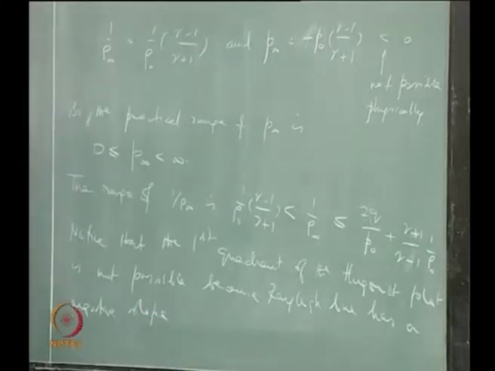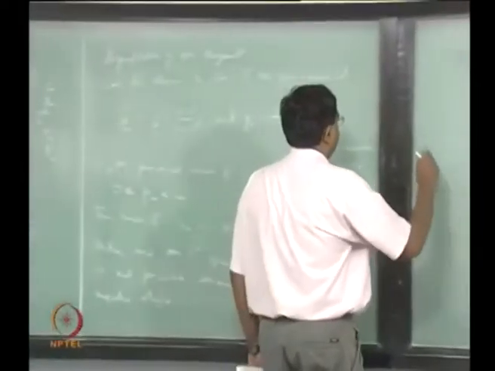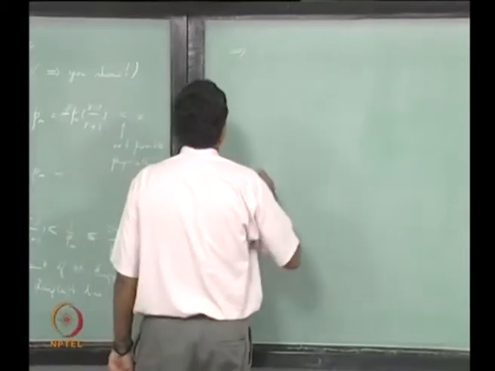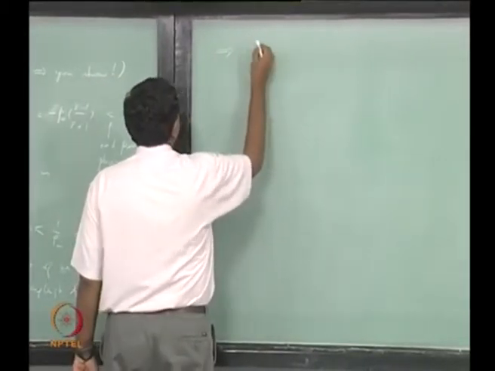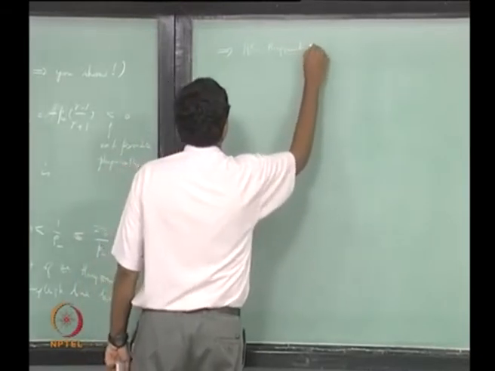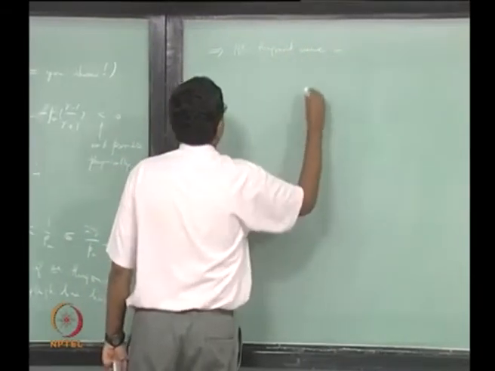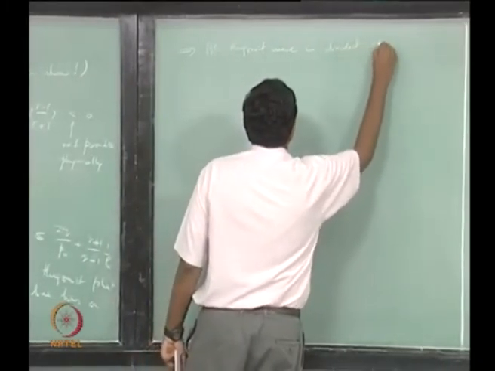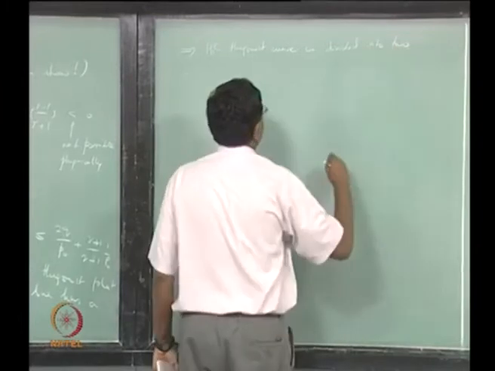So this divides the Hugoniot into two parts, the upper branch and the lower branch. You can now begin to see what the limits are for each of these branches. So the Hugoniot curve is divided into two branches.